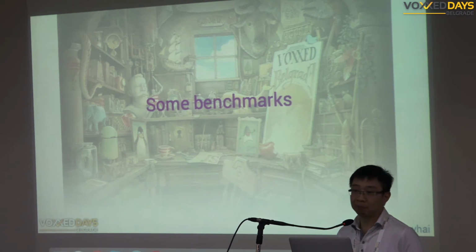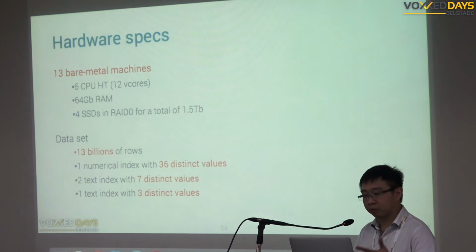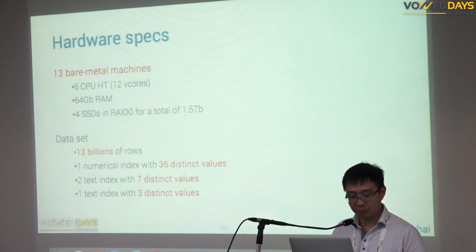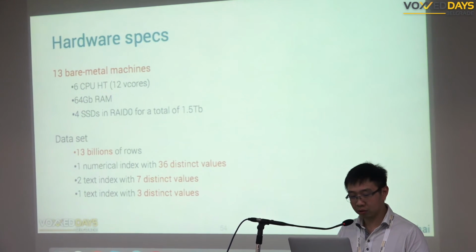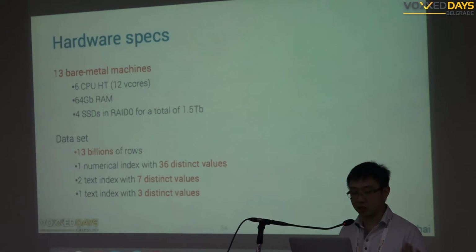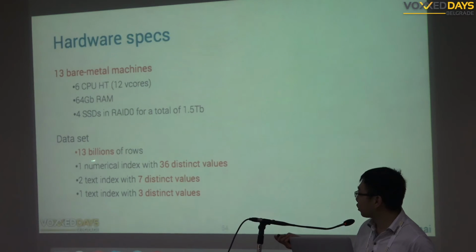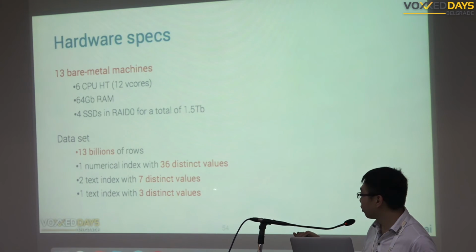Some benchmark. I had a cluster of 13 bare metal machines, 6 CPU, 64 GB of RAM, and a lot of SSD. I inserted a data set with 13 billion rows, one numerical index with 36 distinct values, two text indexes with 7 distinct values, and one text index with only 3 distinct values.